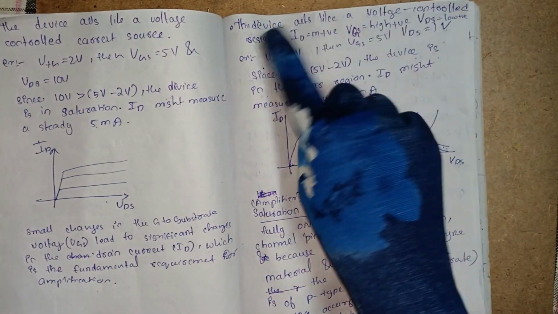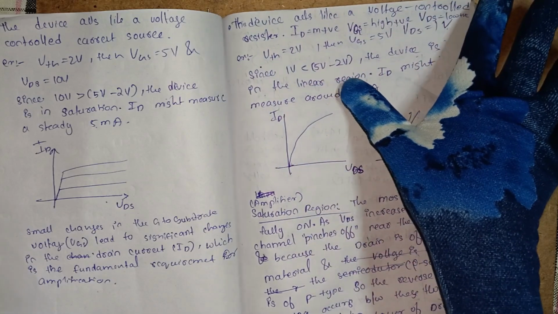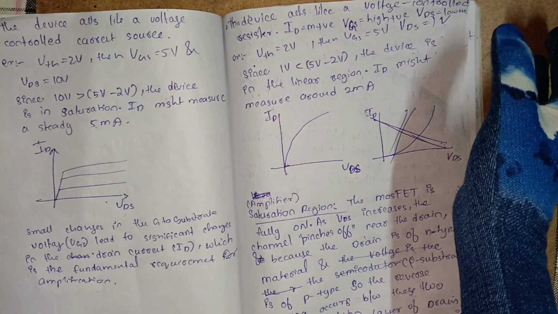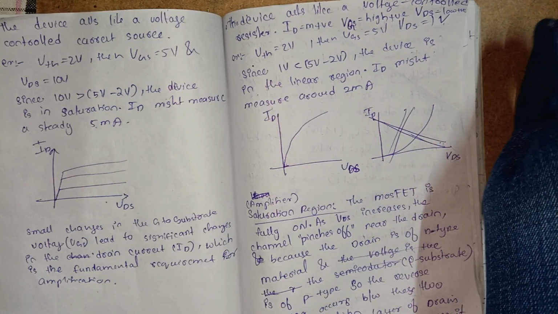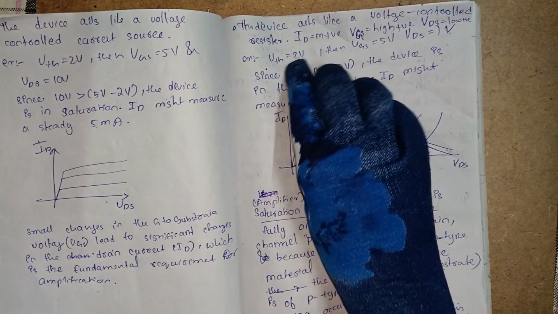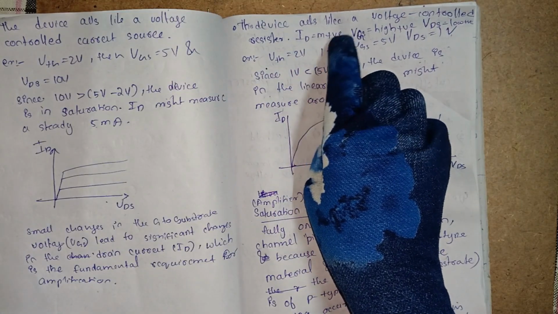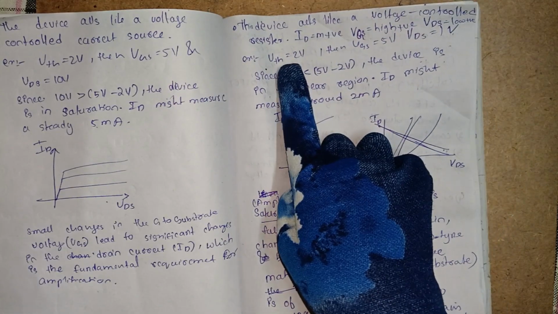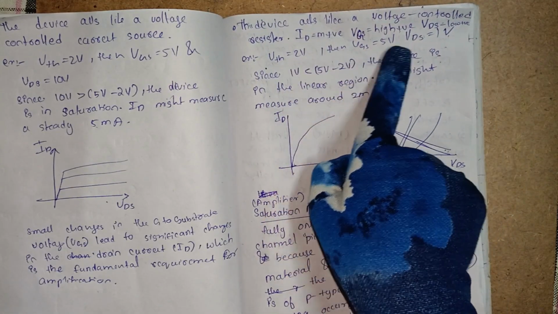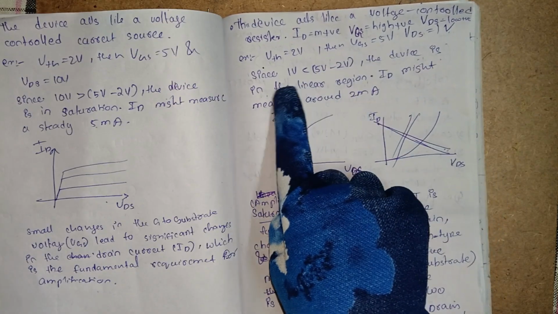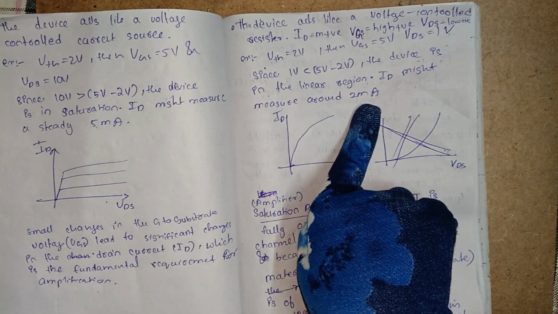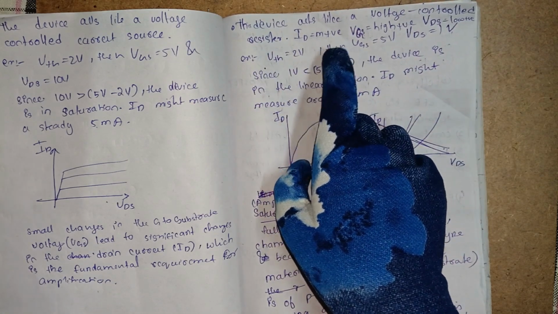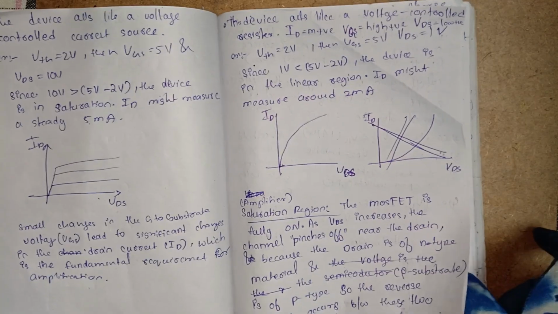The device acts as a voltage controlled resistor because the current varies according to the voltage. Here ID is medium positive, VGS is high positive and VDS is low positive. Example: VTH is 2 volts, VGS is 5 volts, VDS is 1 volt, and ID is 2 microamperes. We have to see whether these values satisfy the condition.